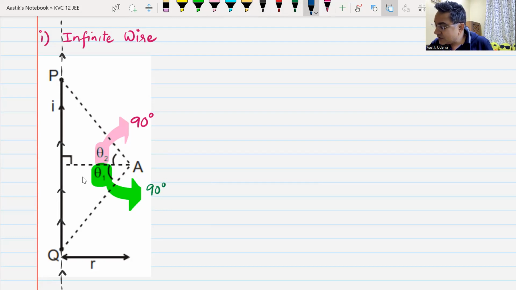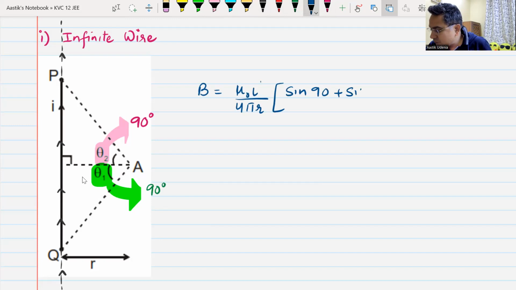B is equal to mu naught I by 4 pi r into sine of theta 1, 90 degrees, plus sine of theta 2, which is also 90 degrees. Sine 90 plus sine 90 is 1 plus 1, 2. So you get the value of magnetic field for an infinite wire as mu naught I by 2 pi r.